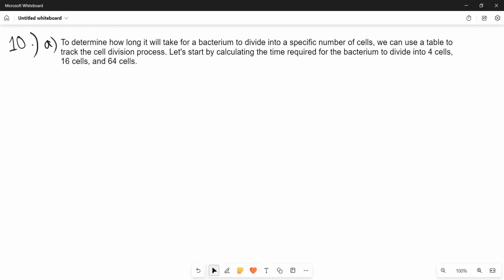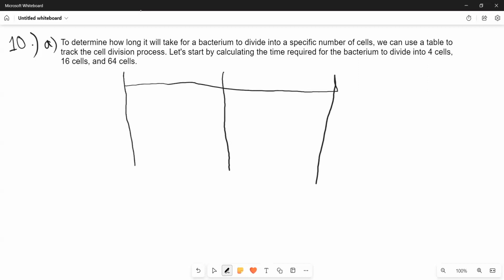One will be for time and the next one will be for number of cells. So let's start making the table.